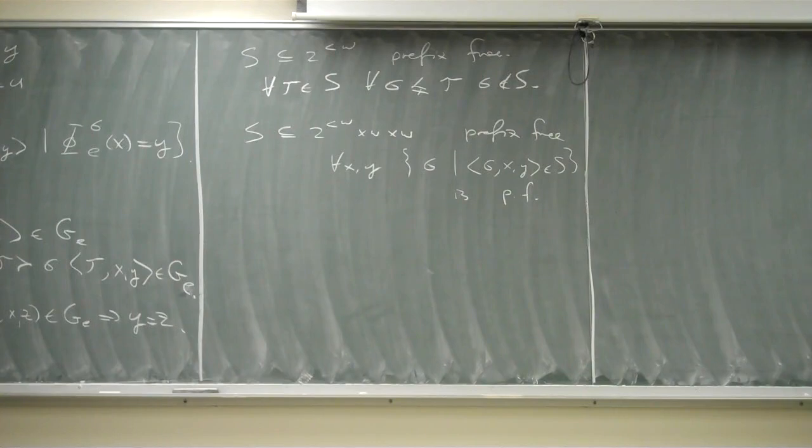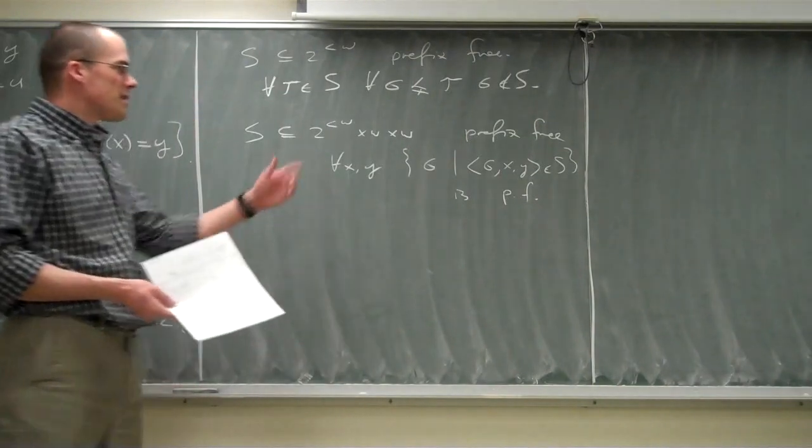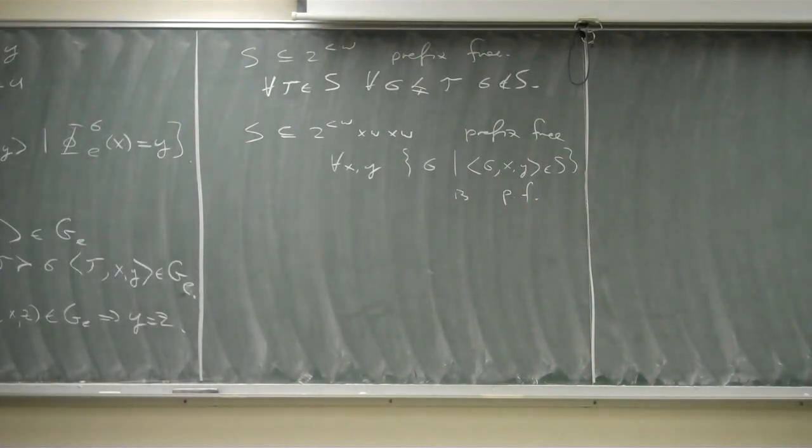And this prefix free set of axioms is kind of nicer. You don't have a lot of superfluous axioms in there, right? Here we observe that for any axiom in the set, all extensions are in there as well, and you can economize a little bit by just looking at prefix-free sets.